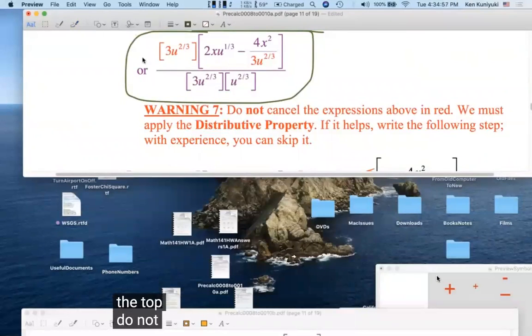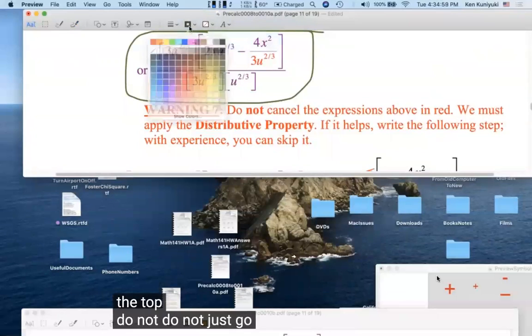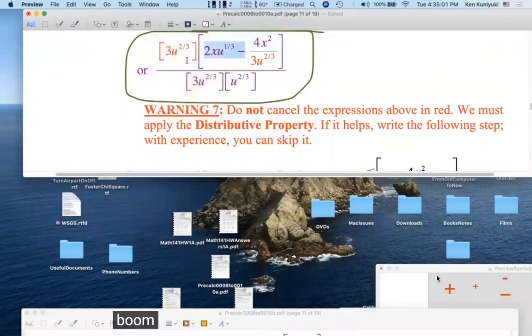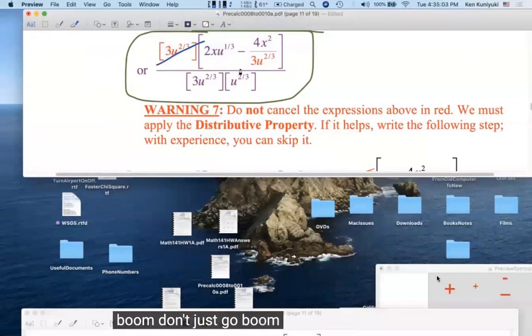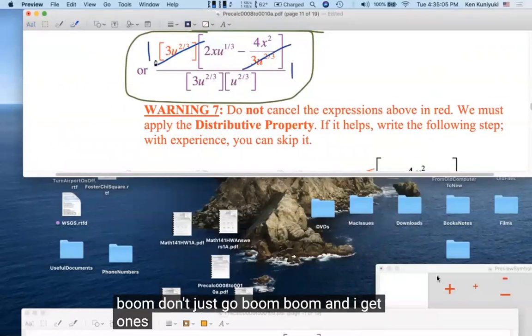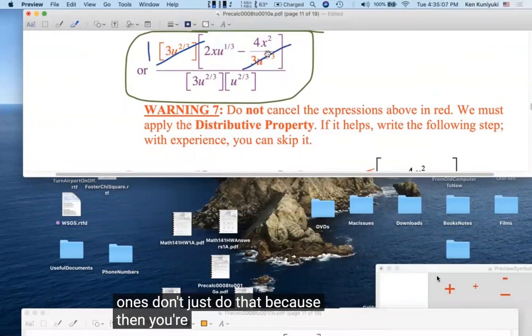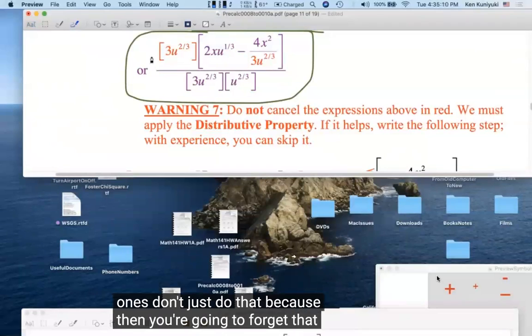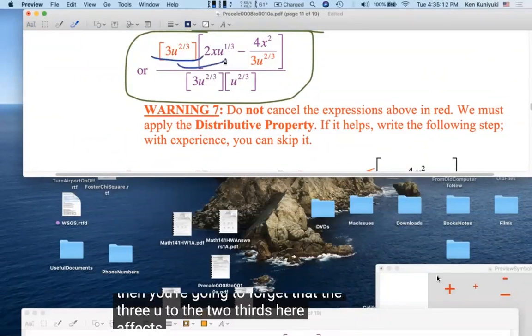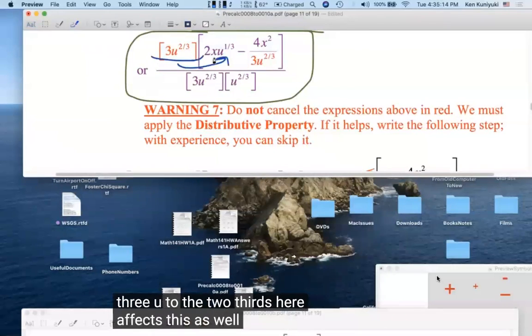Do not just go boom, boom, and I get ones. Don't just do that, because then you're going to forget that the 3u to the 2/3 here affects this as well. The left term inside the brackets.